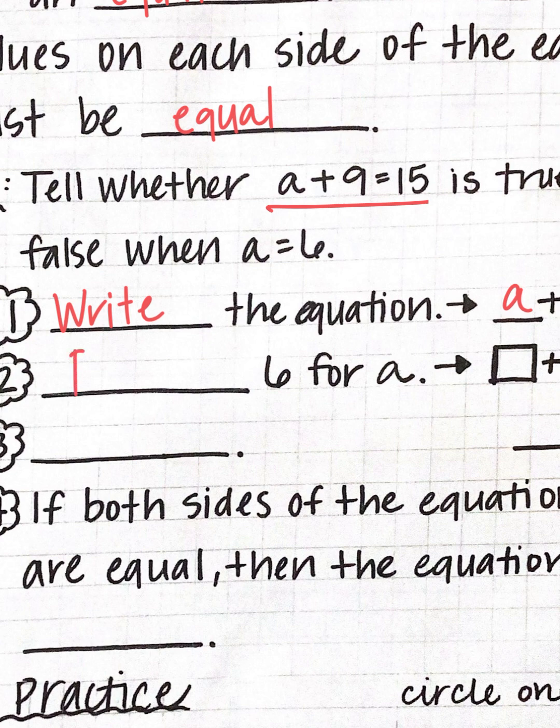Then I'm going to plug in 6 for A. Why am I plugging in 6 for A? Because it tells me right here that A equals 6, right? So I'm plugging in 6 for A because it tells me to. It says wherever there is an A, I plug it in. This is just like solving expressions the other day, how I'm just substituting in the value for that variable.